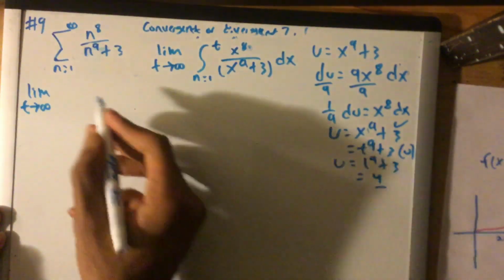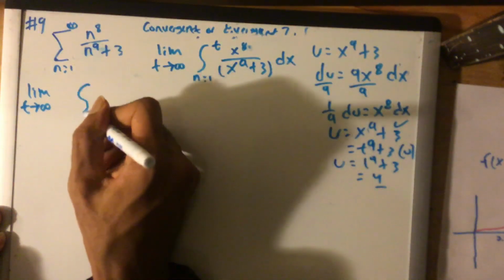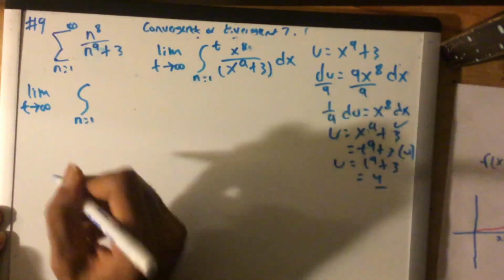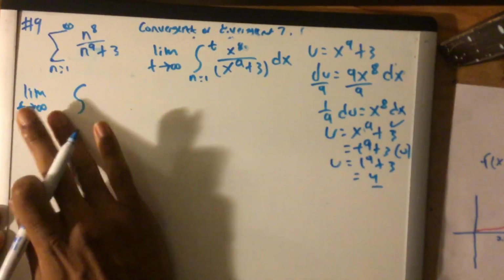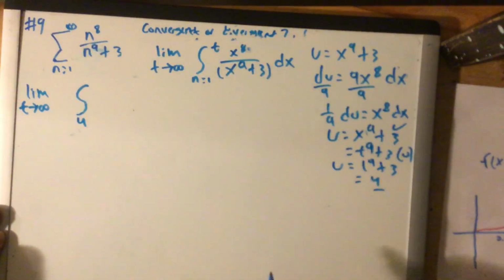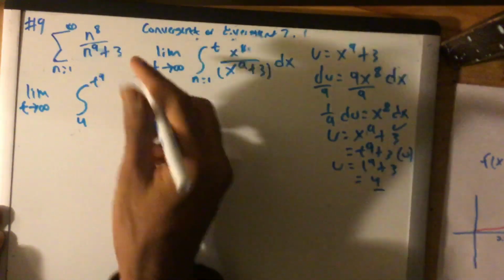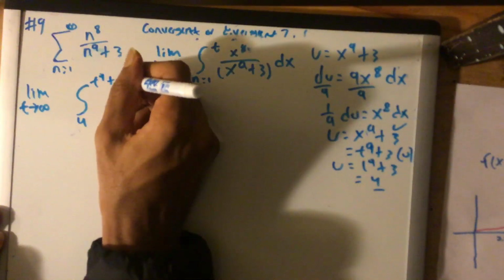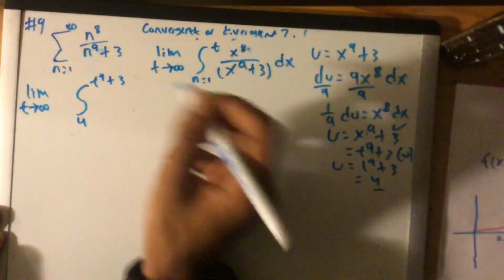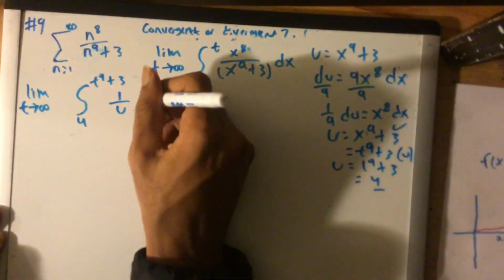So let me put everything back in. 4 is my bottom bound, and t to the power of 9 plus 3 is my upper bound, with my 1 over u and du.